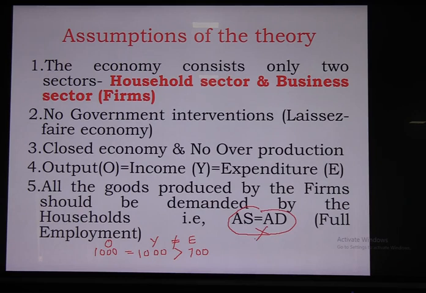People never spend all their income to purchase goods and services, and which leads to what? Which leads to overproduction. Which means aggregate supply is there, but aggregate demand is less. Aggregate supply greater than aggregate demand leads to overproduction. Then full employment is impossible. That is the argument given by Keynes.